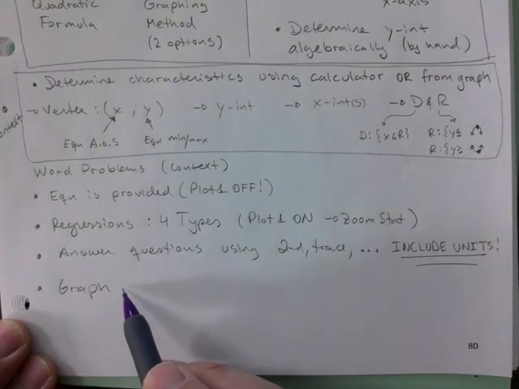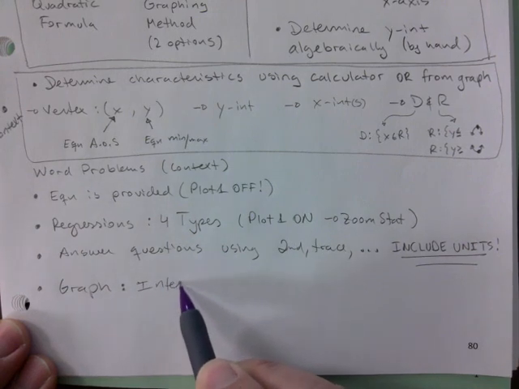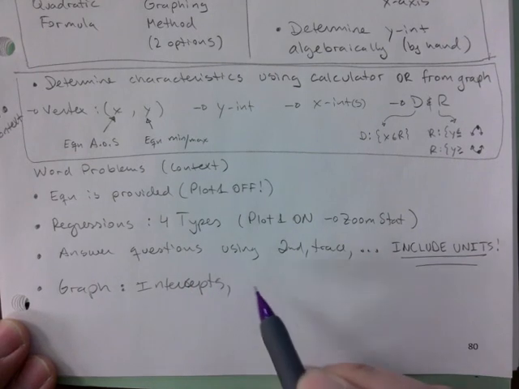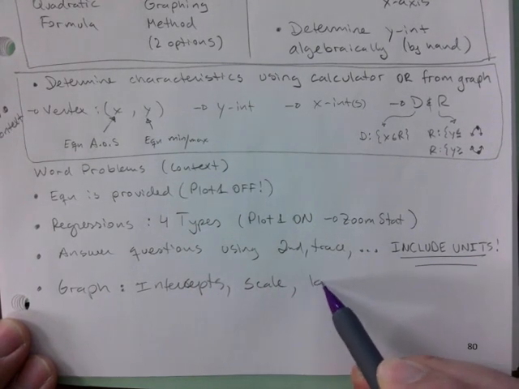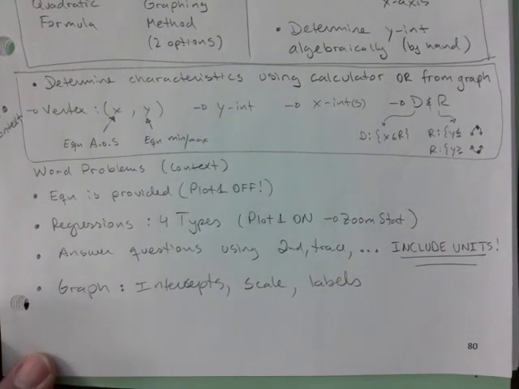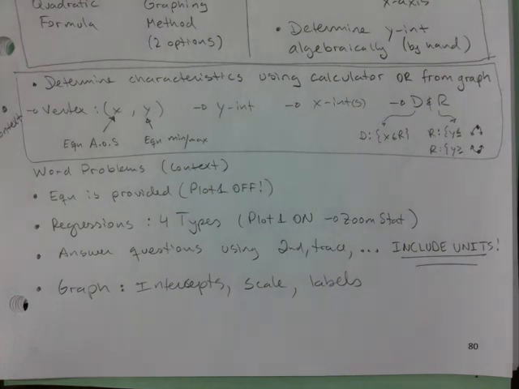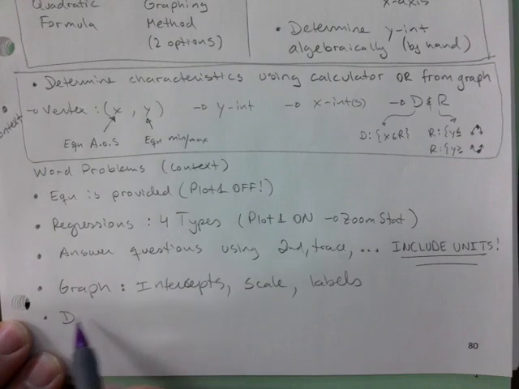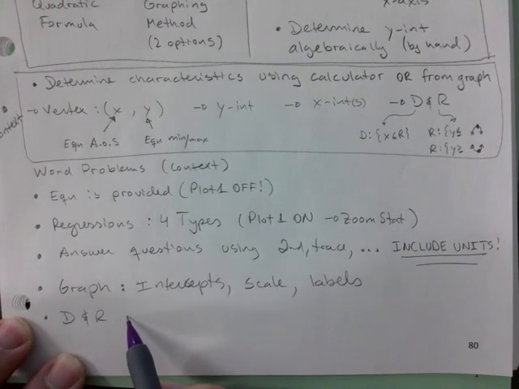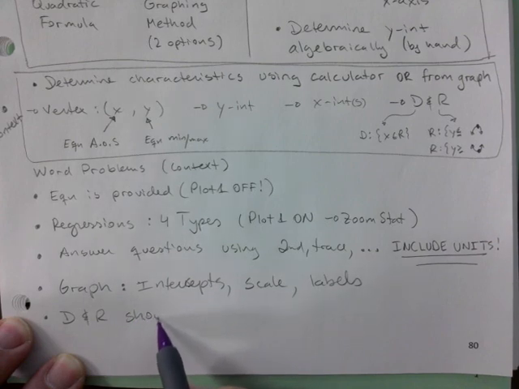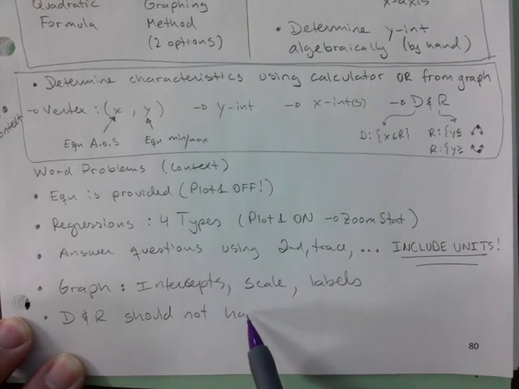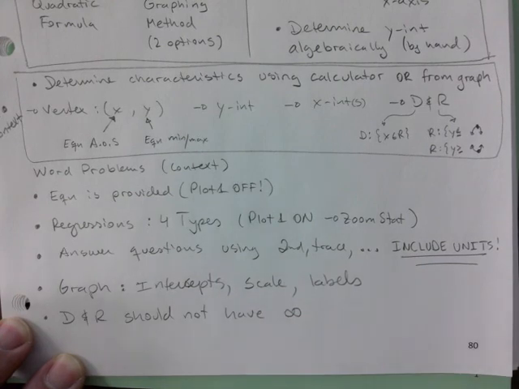Graph. You need intercepts, scale, and labels. Right? Make sure you have that. That goes for all graphs, right? I'll just say domain and range should not have infinities, right?